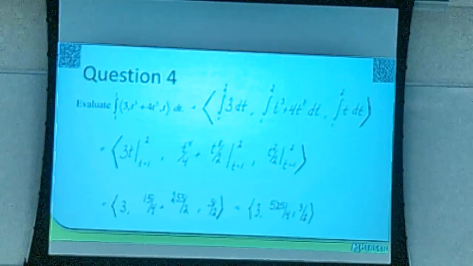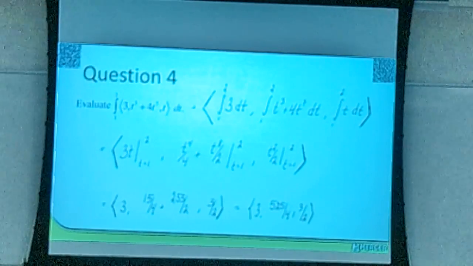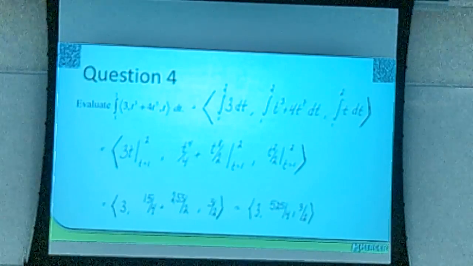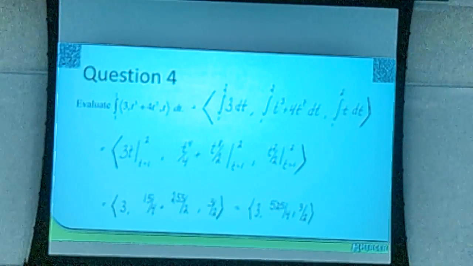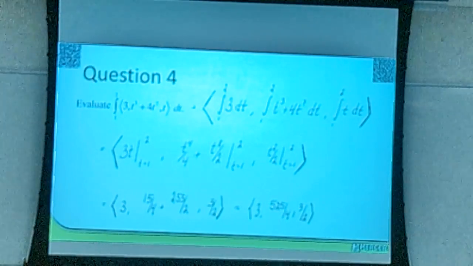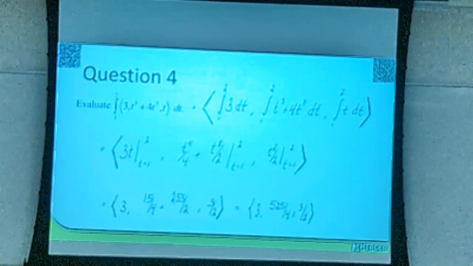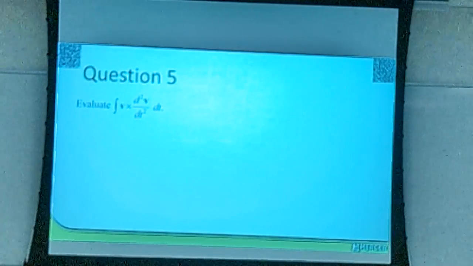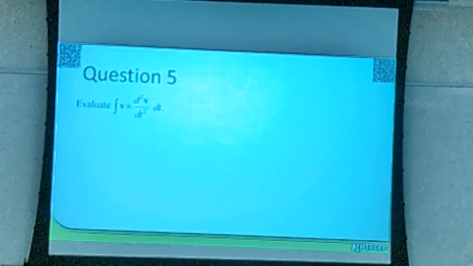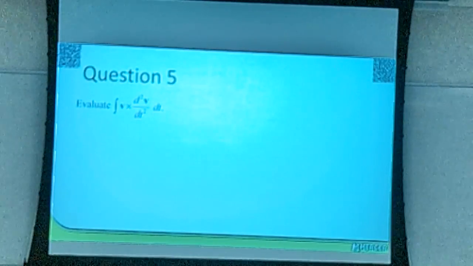There's the integral. So, nothing new, again, okay. And this integral.